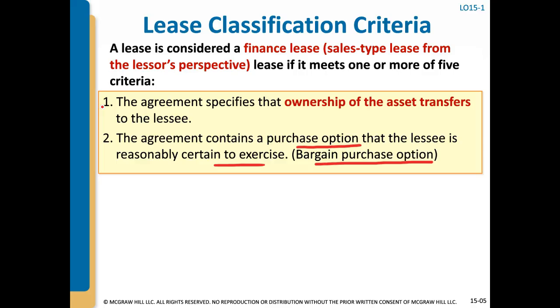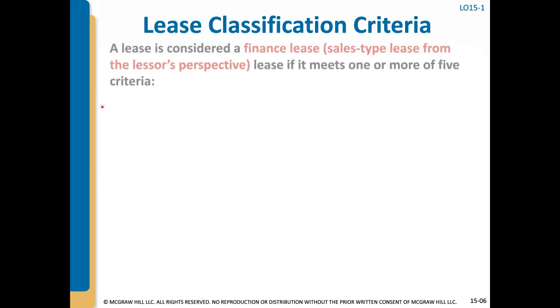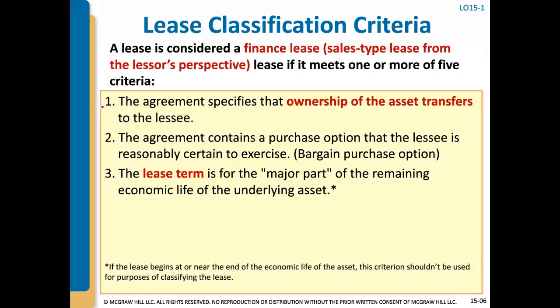Well, in that situation, I'm almost certain to exercise that option at the end of the 3 years. Why wouldn't I buy a $2,000 car that's worth 5? Essentially, that's considered more like a sale of that asset, and it's called a bargain purchase option. So if there's a bargain purchase option, then it's considered to be a finance lease.